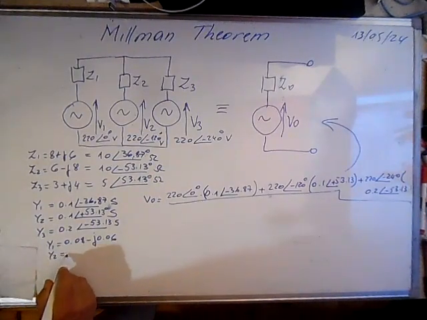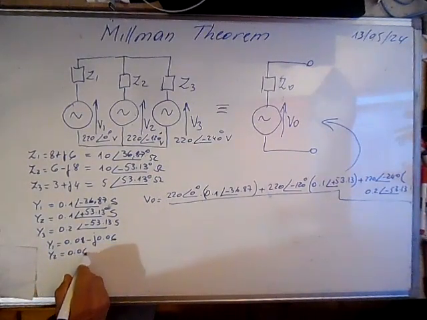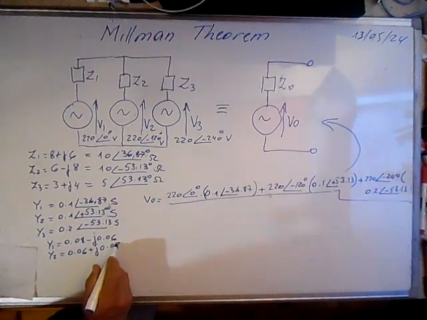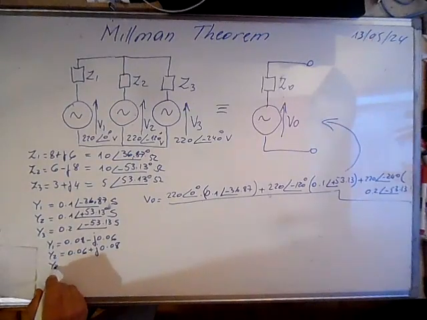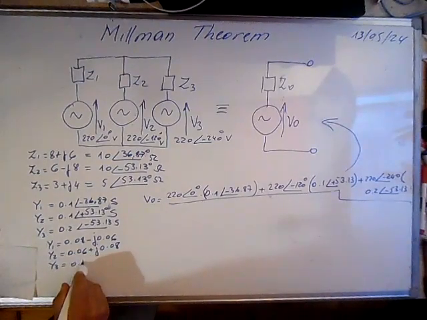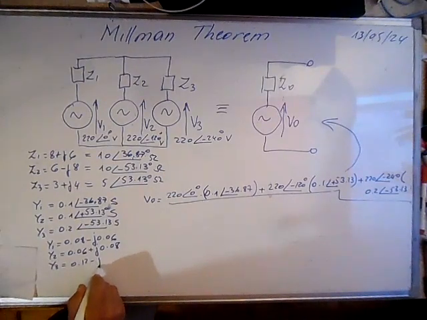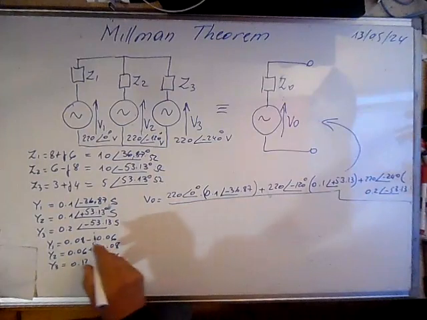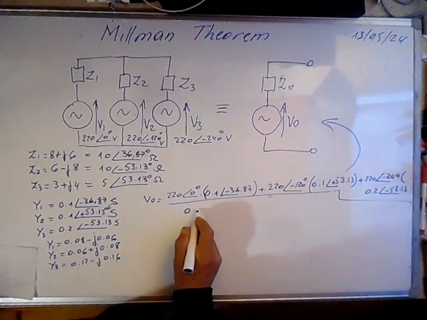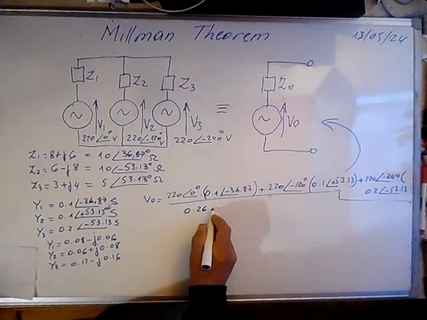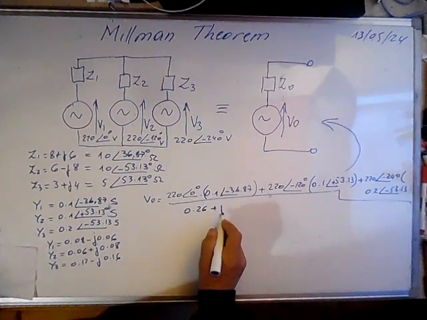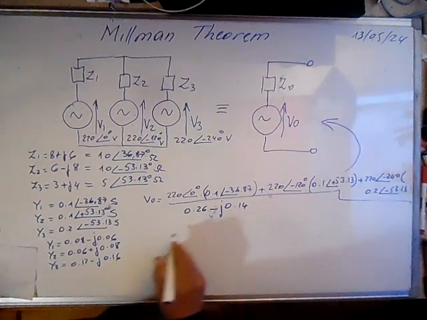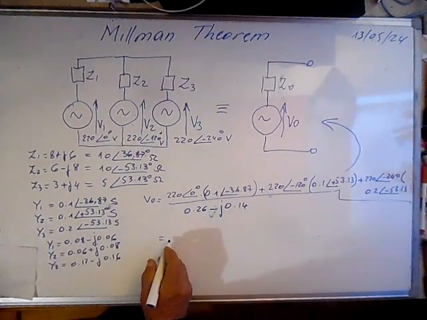Y2 is equal to 0.06 plus j0.08, and Y3 is equal to 0.12 minus j0.16. So it means the sum of the three is 0.26 minus j0.14.